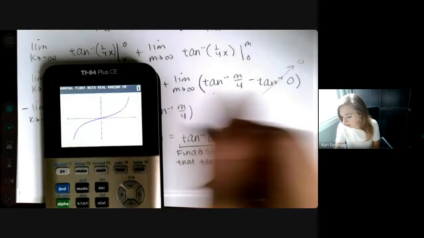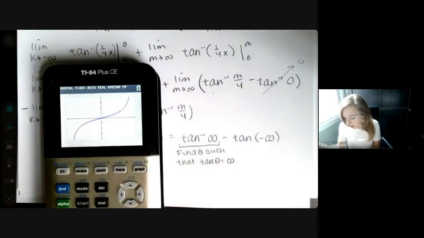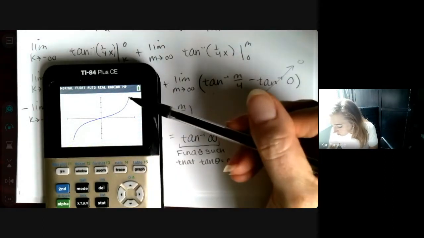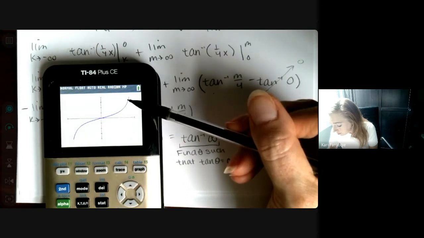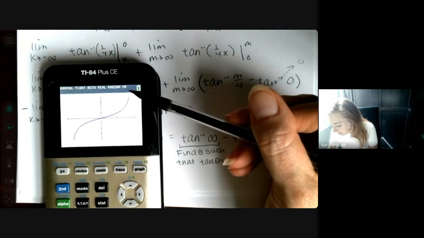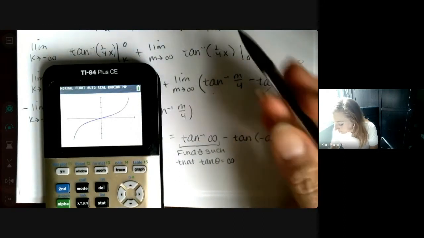Otherwise, you'd be hitting every single portion of that every time you drew your horizontal line through. Either way, your tangent value that's heading towards infinity has an angle of pi over 2.